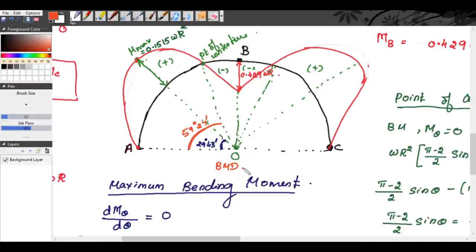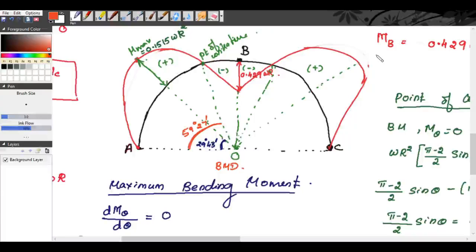Okay. Now we have one more step to complete. Like bending moment, we have to find the twisting moment. That is our step 3. So twisting moment, we will find what is twisting moment T theta. Then we will find the variation of the twisting moment. Then the angle where the maximum twisting moment occurs.